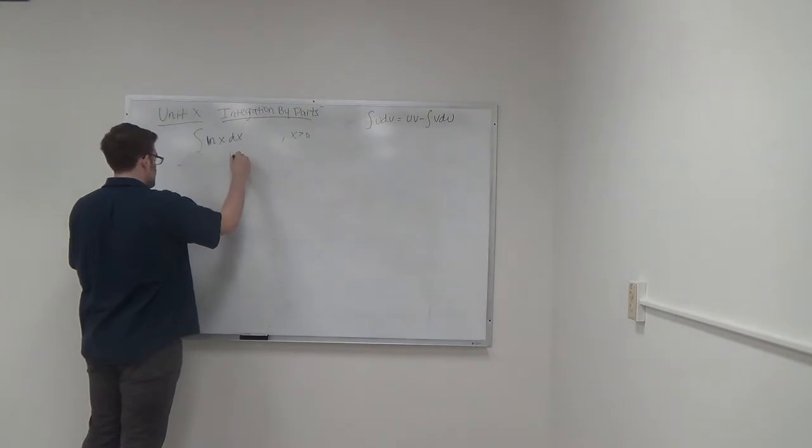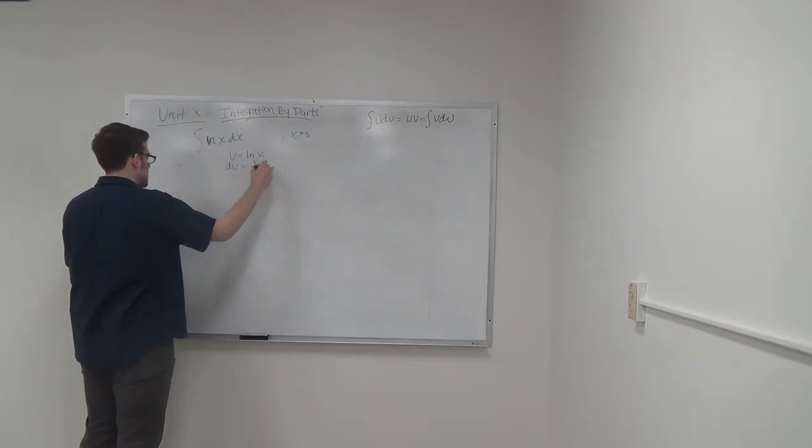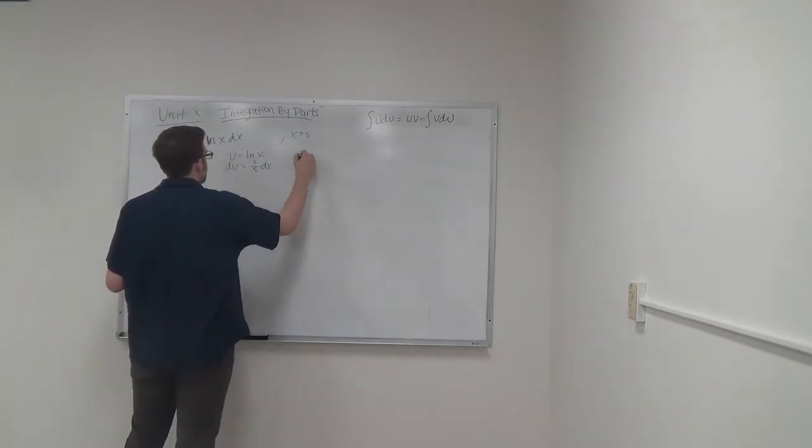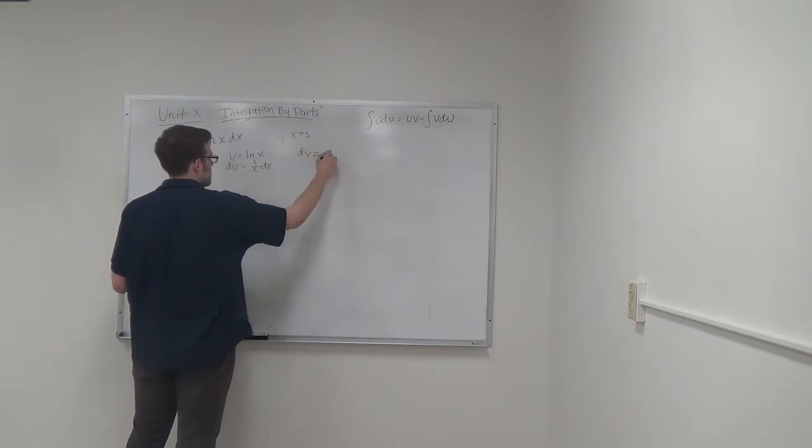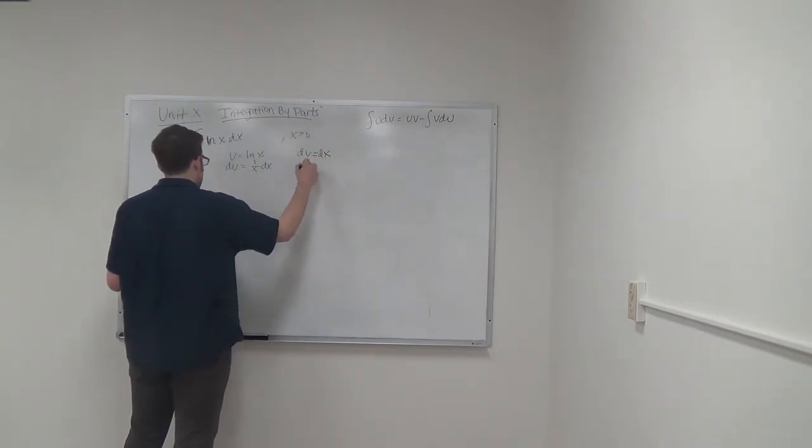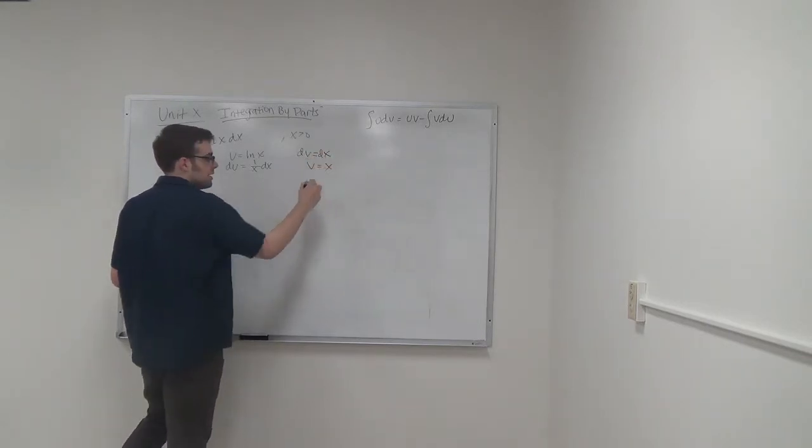So here, u is equal to the natural log of x, and du is equal to 1 over x dx. dv is simply just dx, and v is equal to x.